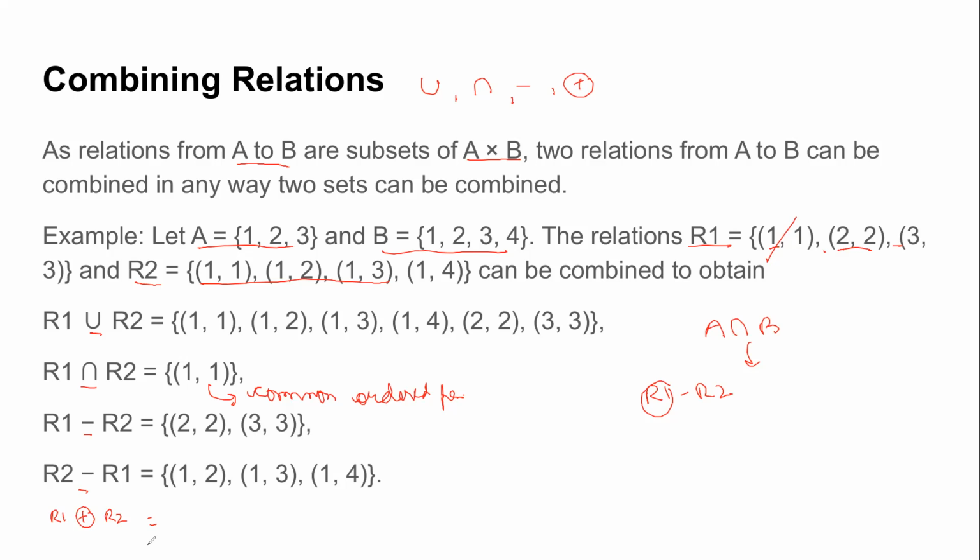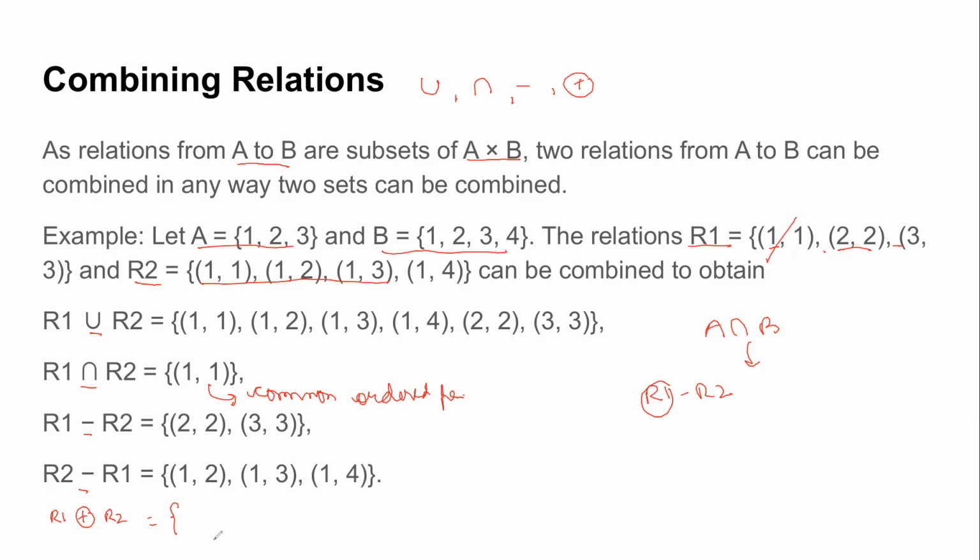Yes, what should be the answer for R1 symmetric difference R2? Remember, R1 symmetric difference R2 consists of those ordered pairs which are in A or in B but not in both.